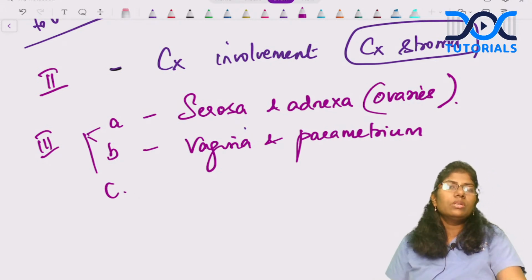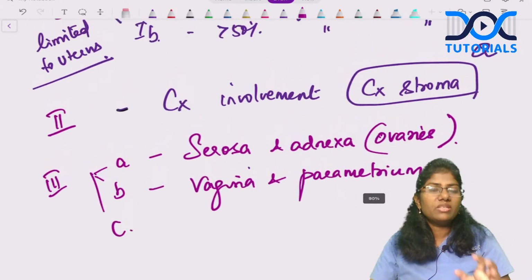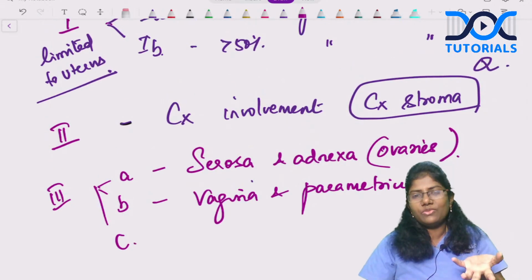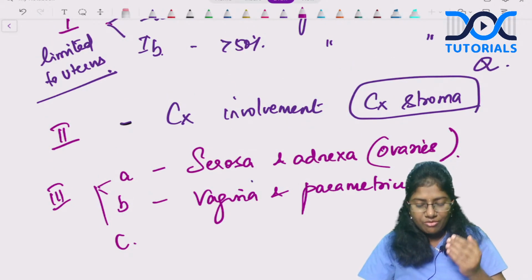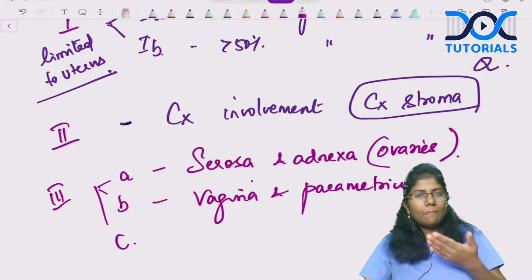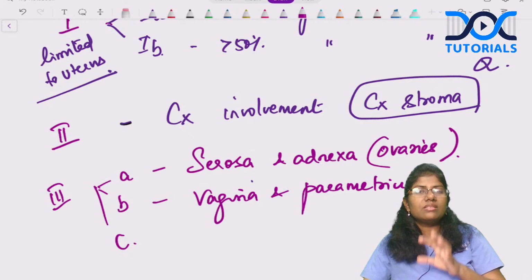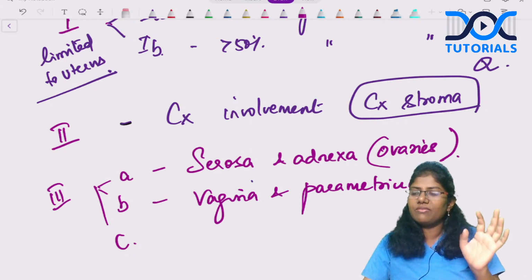Now the most favorable point about endometrial cancer is that from here onwards, 3C1, 3C2, 4A and 4B of endometrial cancer are the same as cervical cancer.